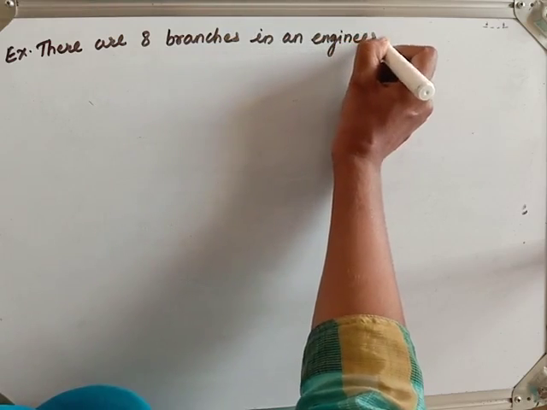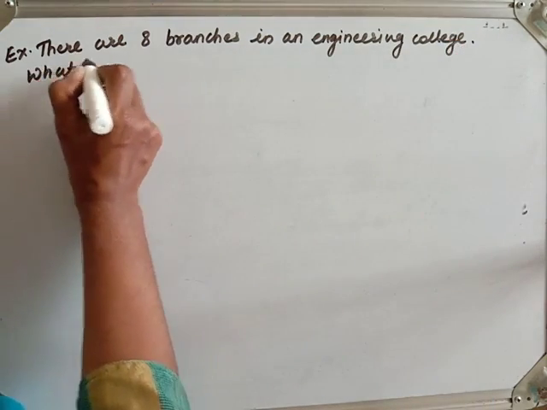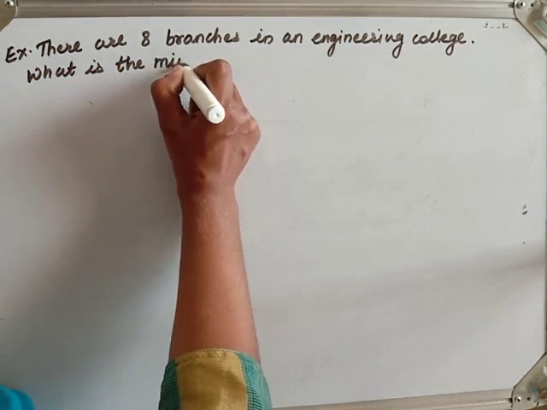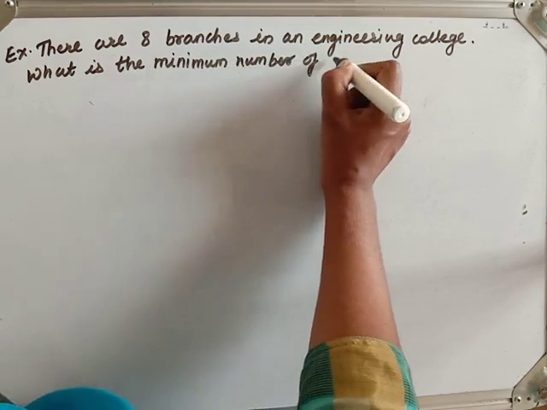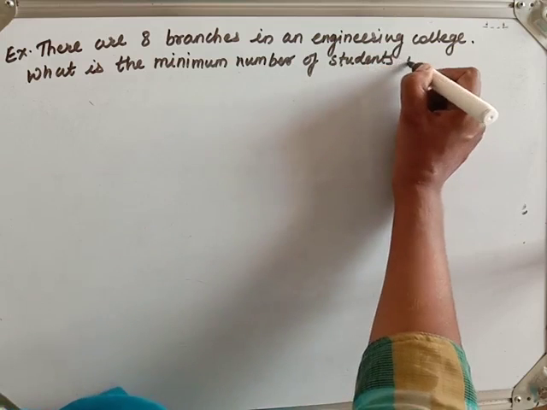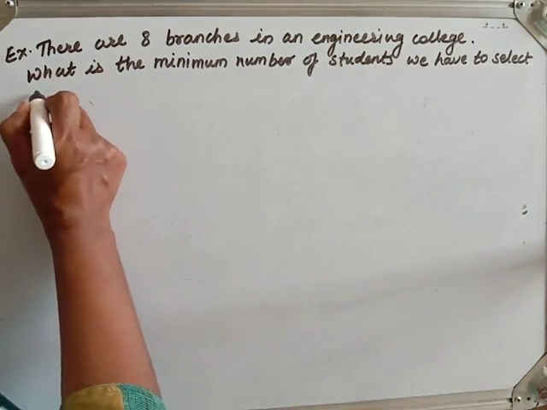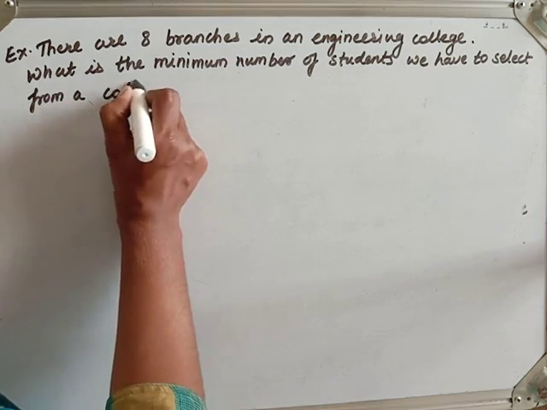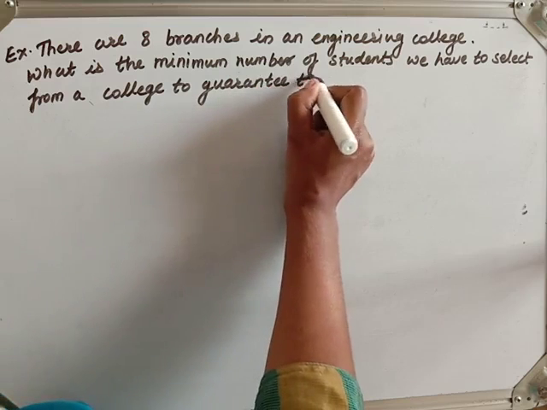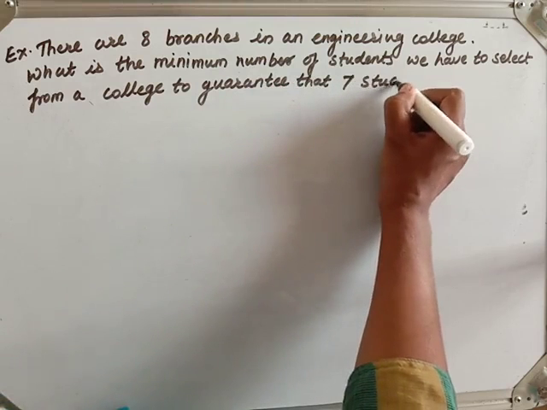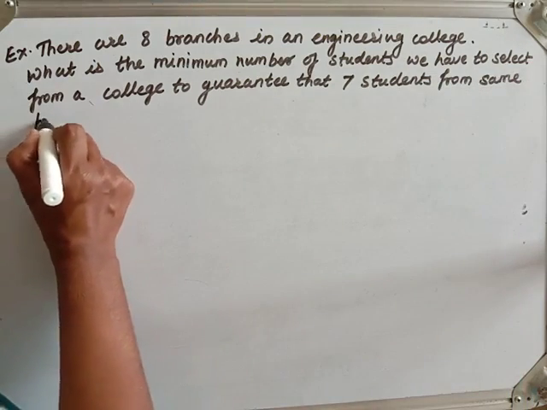What is the minimum number of students we have to select from the college to guarantee that 7 students are from the same branch.